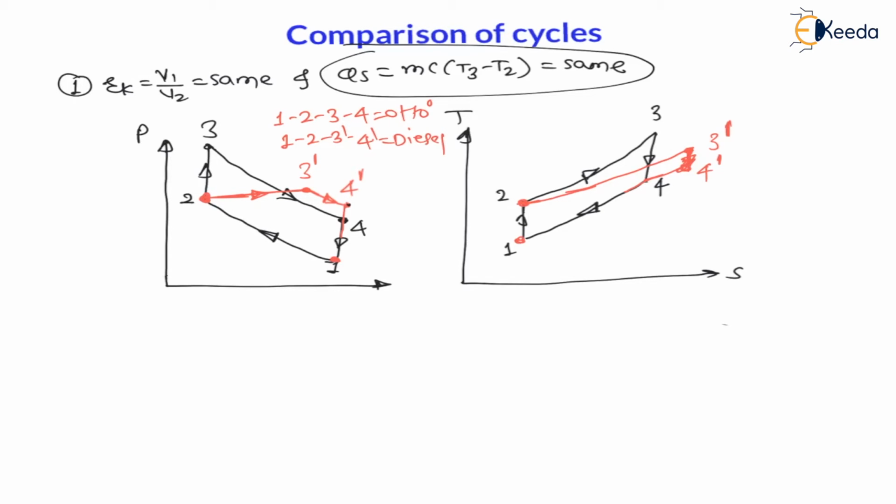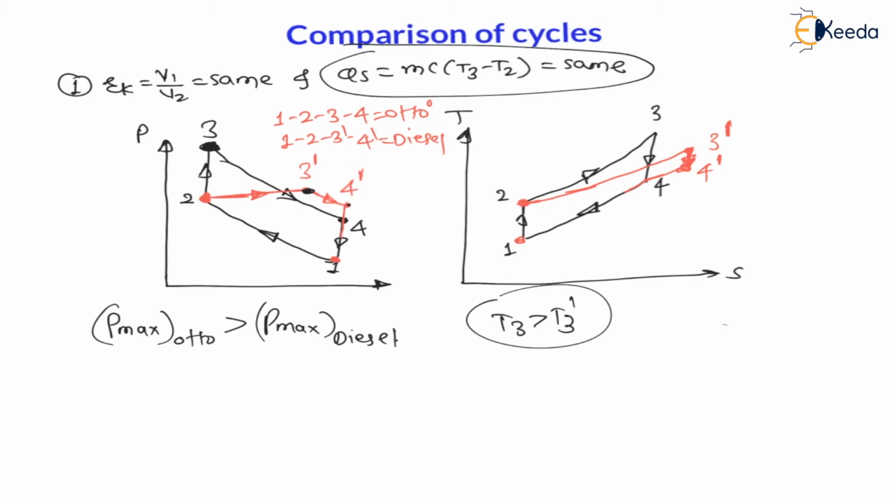Now my dear students, can you see here, peak pressure in the Otto cycle is more than peak pressure in the diesel cycle. Therefore, maximum pressure of Otto is more than maximum pressure of diesel. Again, we have just now seen T3 is more than T3 dash. That means peak temperature in Otto is more than peak temperature in diesel.